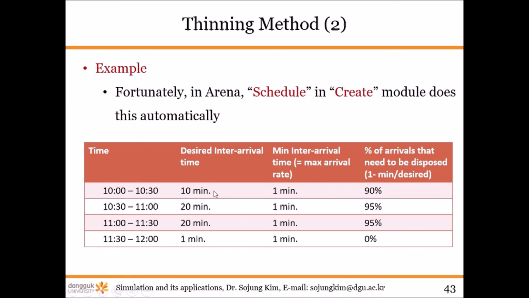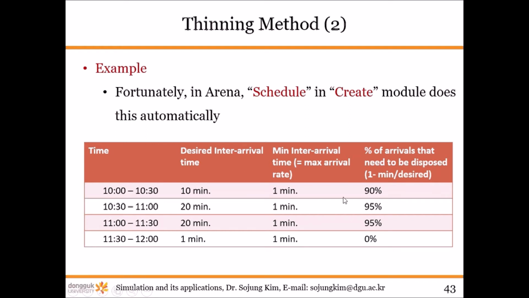Got it? So here the first column is time, and the second column is the desired interarrival time. We have seen this one in the previous table. If you find the minimum interval time from this list, you get 1 minute as a result.